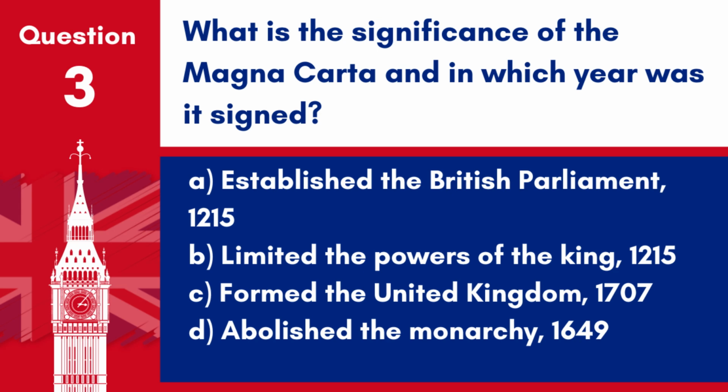D. Abolished the monarchy, 1649. Answer. B. Limited the powers of the King, 1215. The Magna Carta, signed in 1215, was significant as it limited the powers of the King for the first time, establishing the principle that everyone, including the King, was subject to the law.